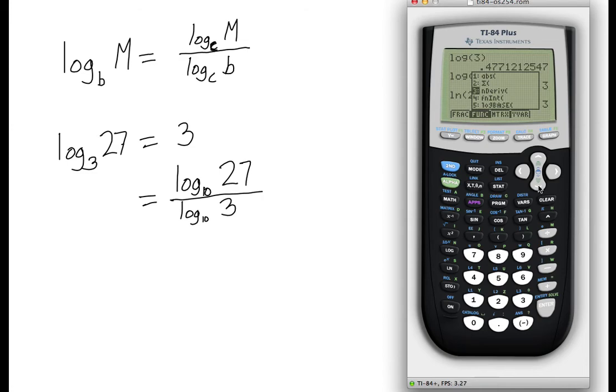And so if I go down and I choose number 5, it puts in log with a little space for the base there. Log base 3 of 27. And it spits out the answer 3. All it's doing behind the scenes that it's not showing us is doing this division.